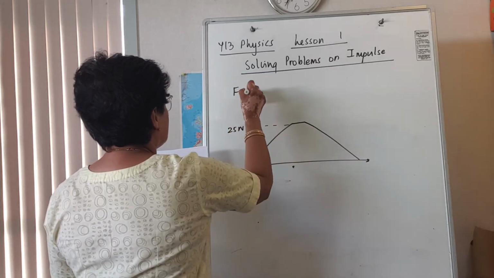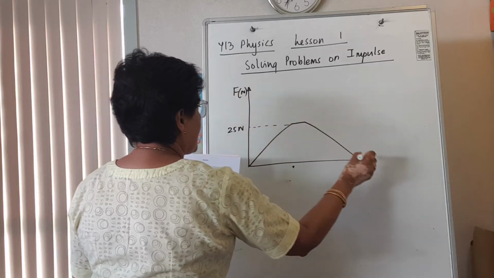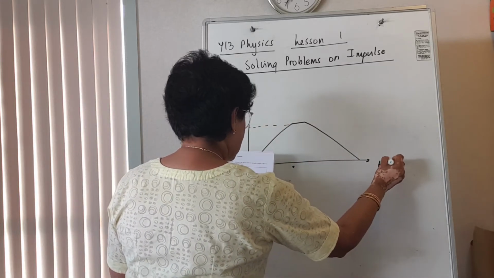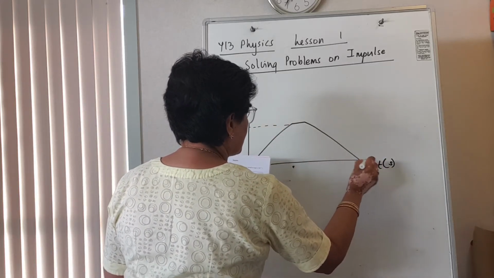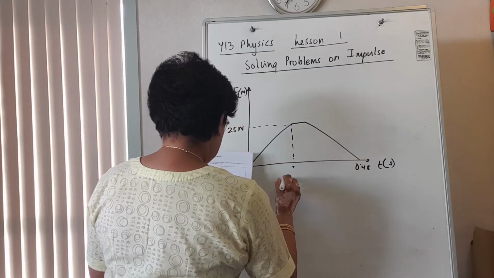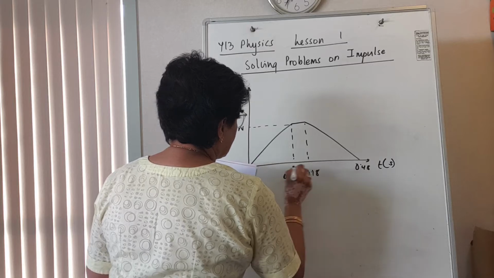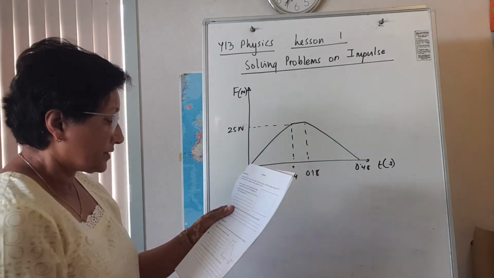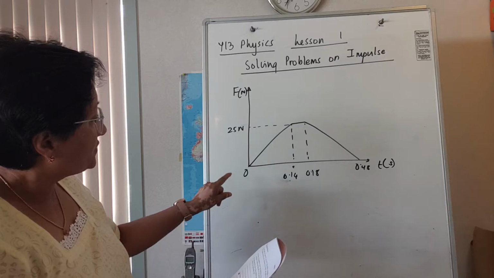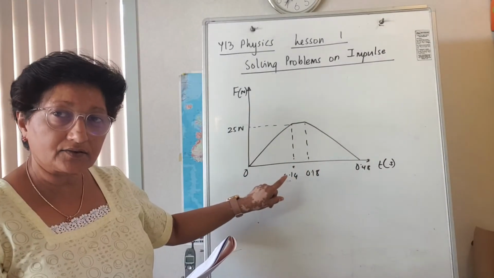So this is your force in newtons, and this is your time in seconds, and this is 0.48. This bit is 0.14, 0.18, and that's your 0. Okay, calculate the change in momentum of the ball, which is the area under this graph.